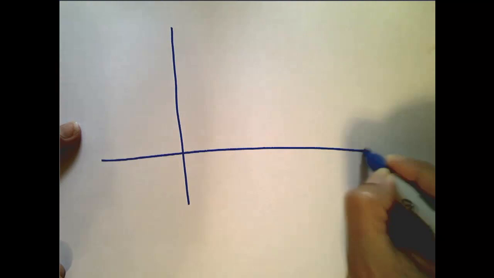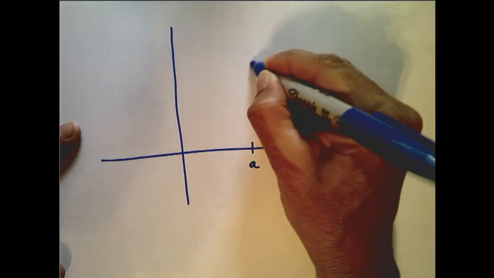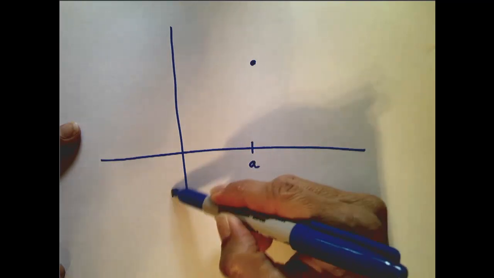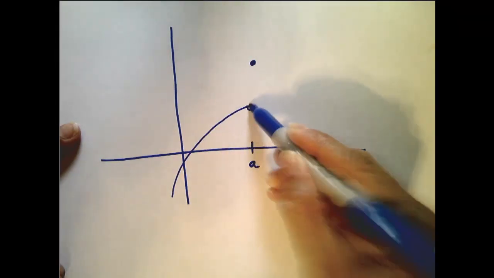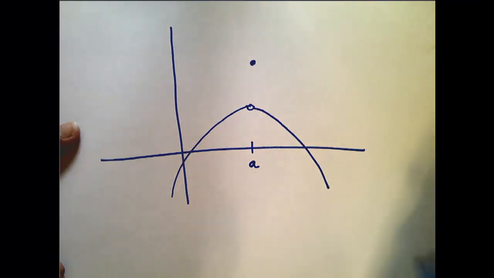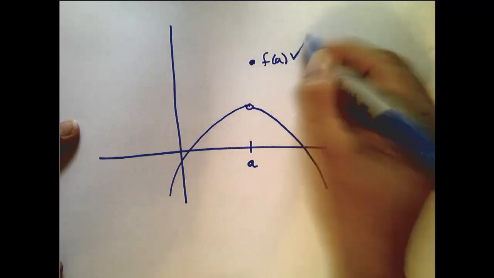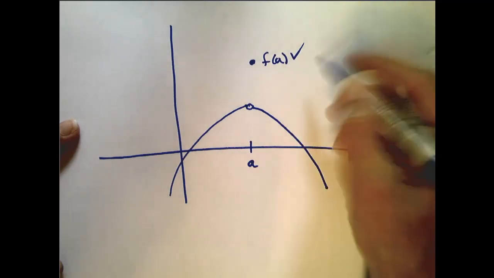Well, let's see a case where the first two conditions are met, but the third one is not. So we want f of a to be defined. So let's say it's defined there. Maybe I have a hole here, and I extend it to the right this way. So here, f of a is defined. What about the limit?